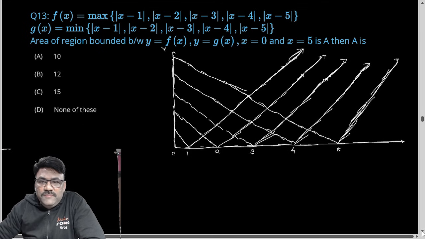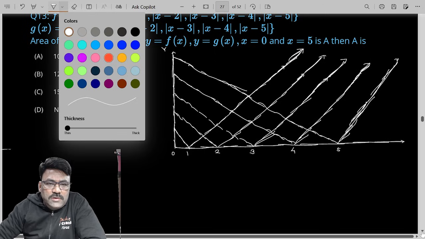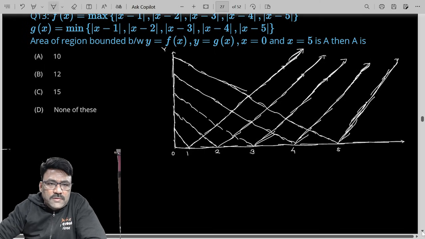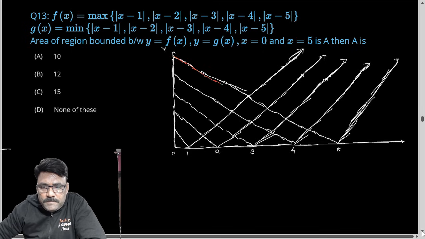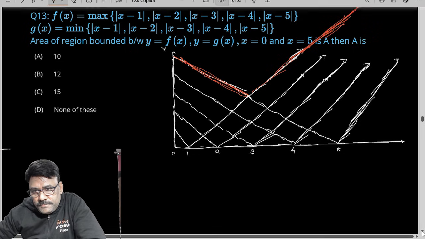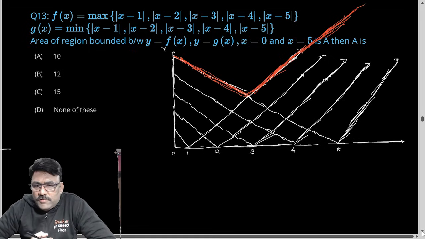So see, the maximum of these will be this graph, which I'm marking right now. This shaded graph, this orange colored graph, is the maximum.